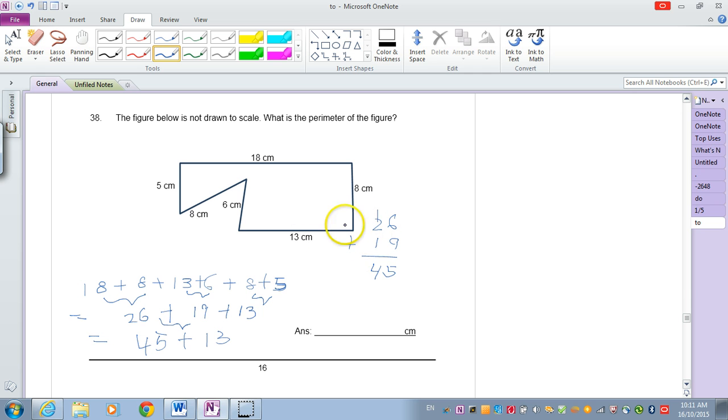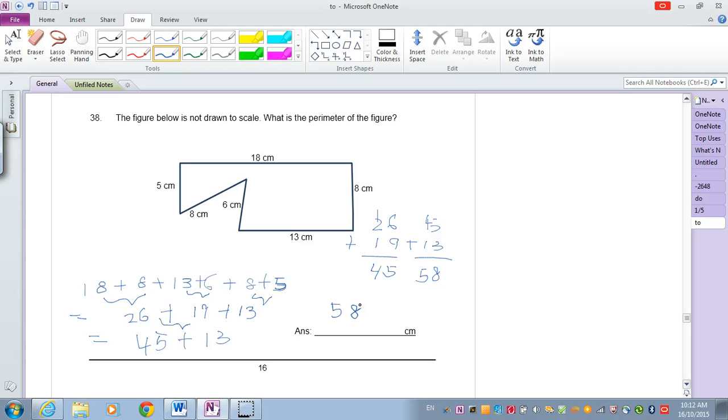So 45 plus 13 will give you 58. So 5 plus 3 will give me 8, and 4 plus 1 will give me 5. So it will actually give me the answer 58. Okay, so the answer is 58. The perimeter is 58 cm.